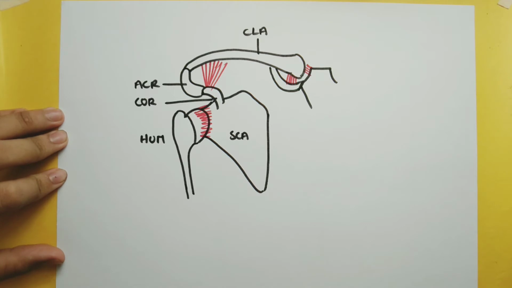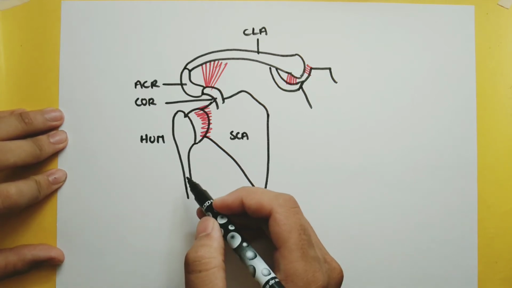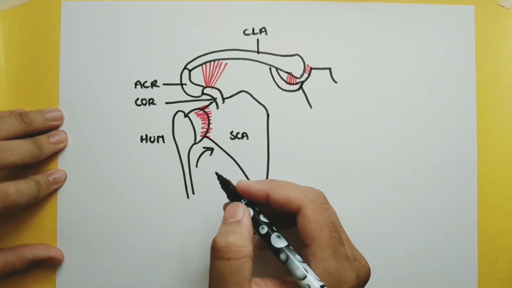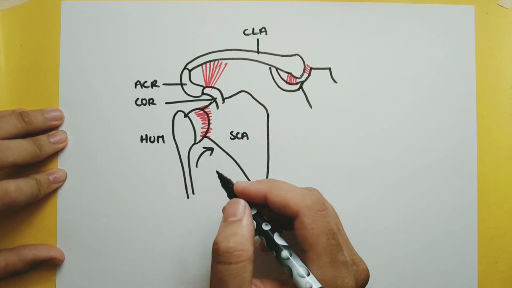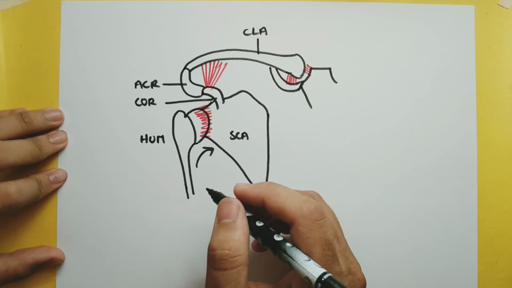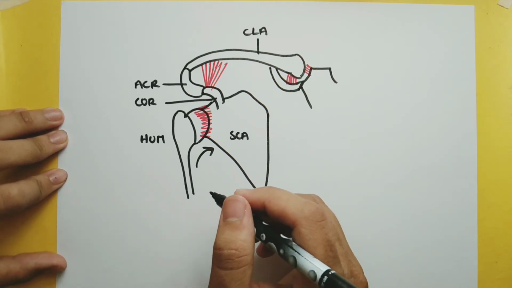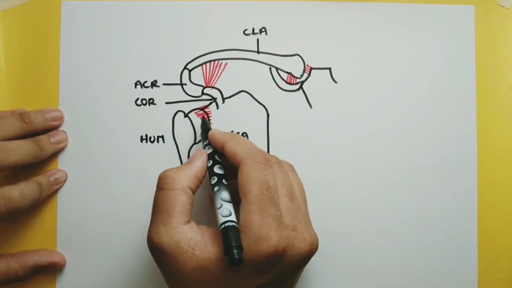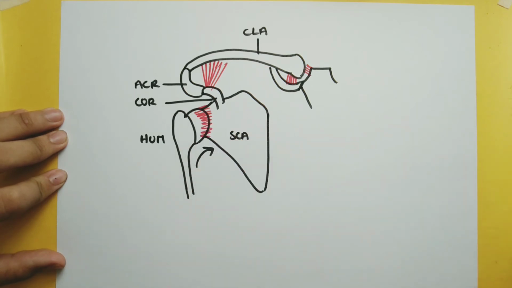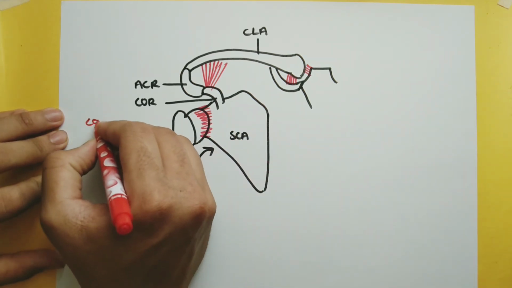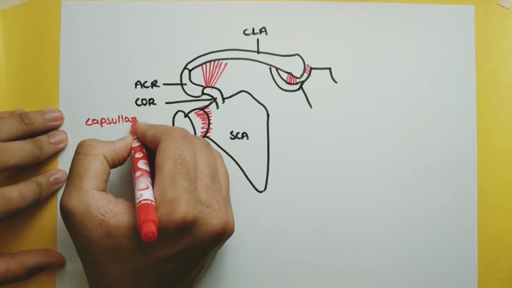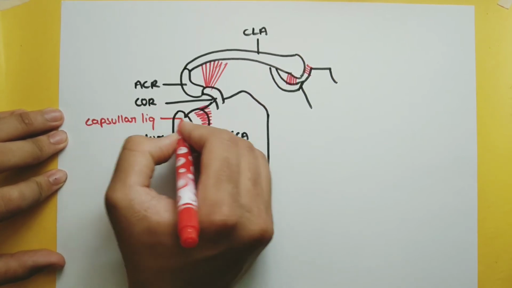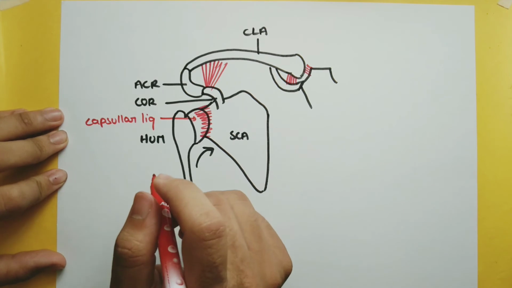So let us assume a person falls on an outstretched hand. Then the weight is transferred from the humerus to the scapula. The ligaments between the humerus and scapula which help in weight transmission are the capsular ligaments.